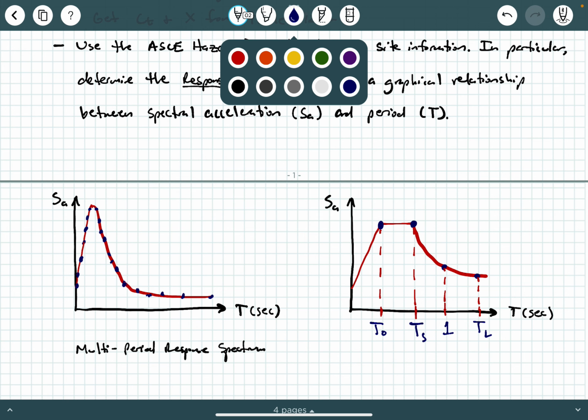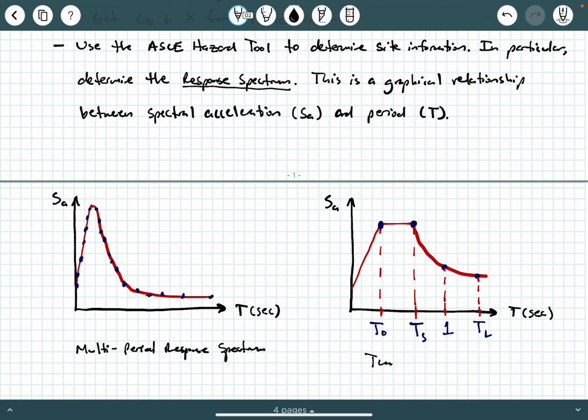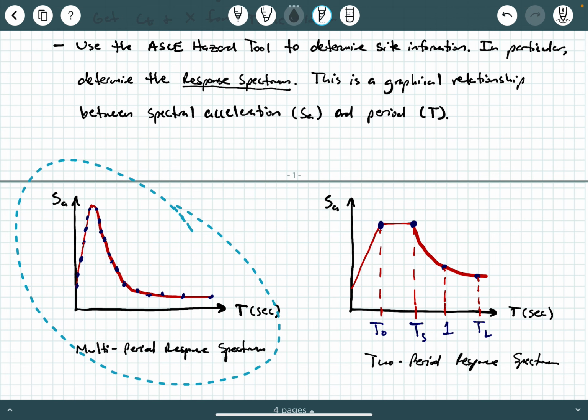So I'm going to go ahead and label this 2-period response spectrum, all right? Now, again, you can pretty much use either one, but ASCE 7-22 is really pushing us towards the multi-period response spectrum in that particular direction. And again, I'm going to give you a little bit more information on that.